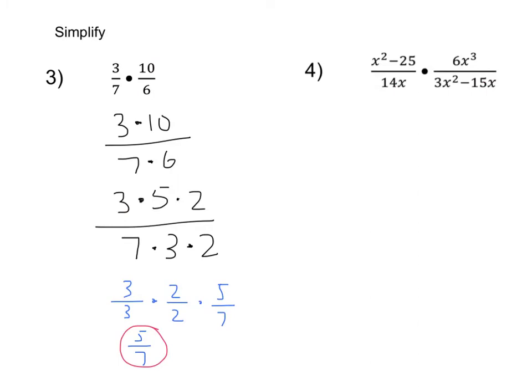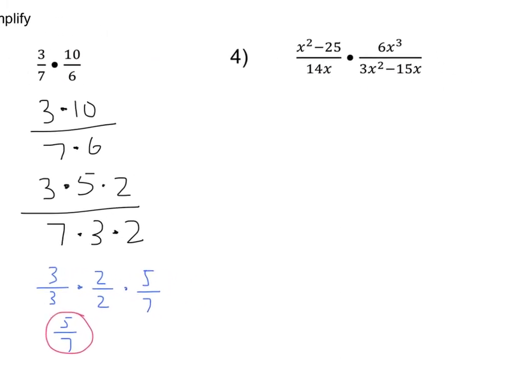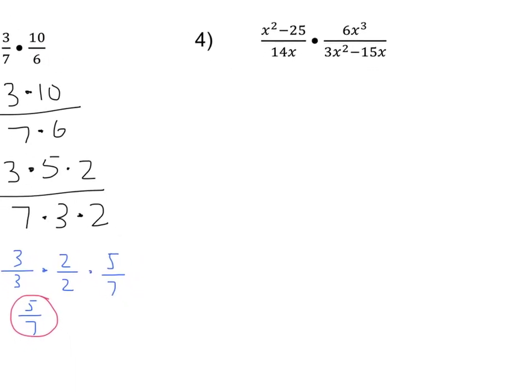We're going to apply that same technique to a little bit more complicated problem, this one. We have this fraction times this fraction. Before we start simplifying, let's do some factoring. I can factor x squared minus 25 using difference of squares.